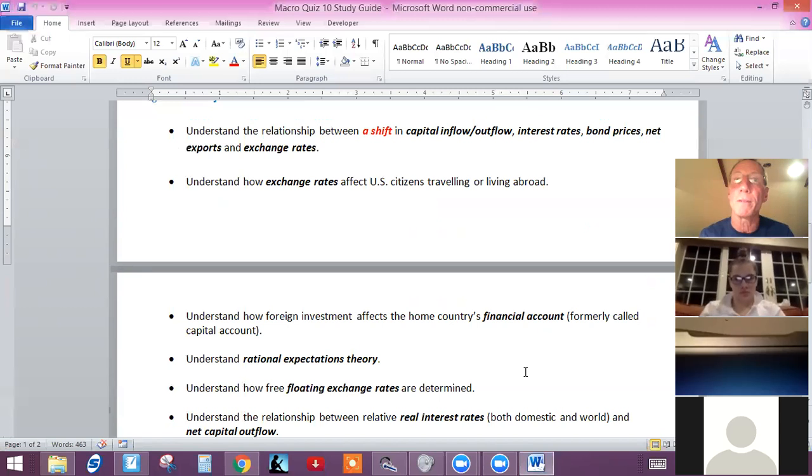So if we have negative net exports, more imports than exports, then our financial account has to be positive, because the financial account has to balance out the current account. So financial inflow means the financial account goes up. It means imports are coming in more than exports, so the current account goes down. Does that make sense?